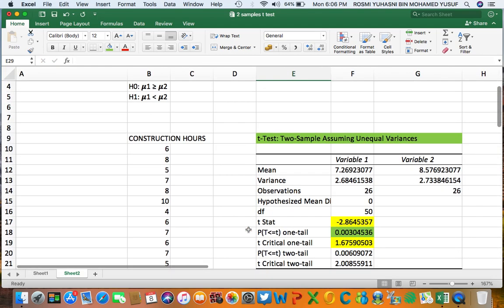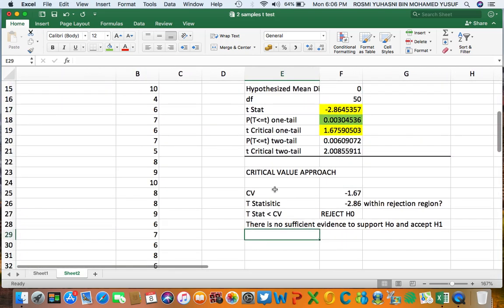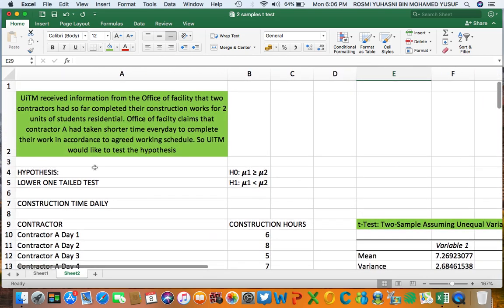So the conclusion from our critical value approach test is that H0 is rejected and H1 is true, meaning that it is true that the mean hours taken by contractor A is actually shorter than the mean hours taken by contractor B to complete the construction work. So what is claimed here is actually true.